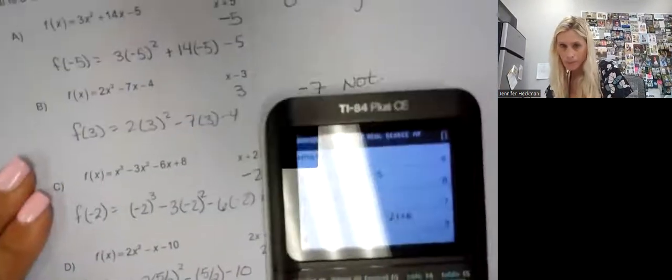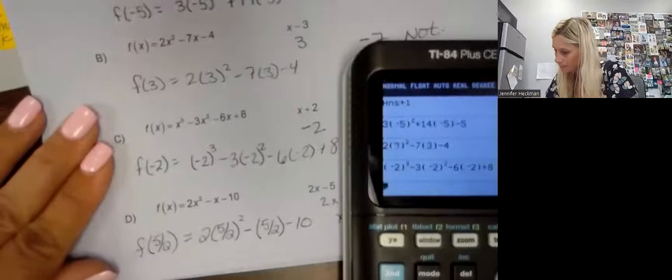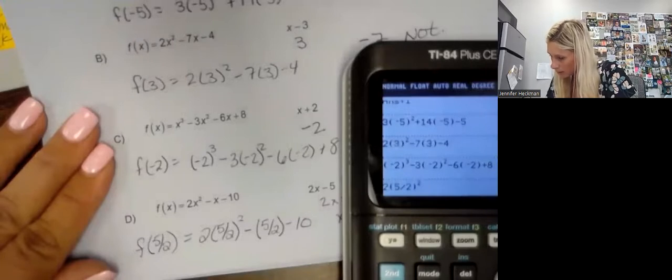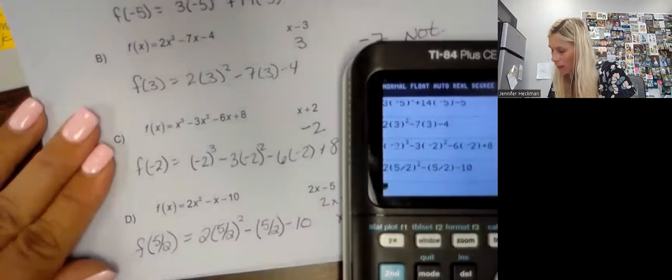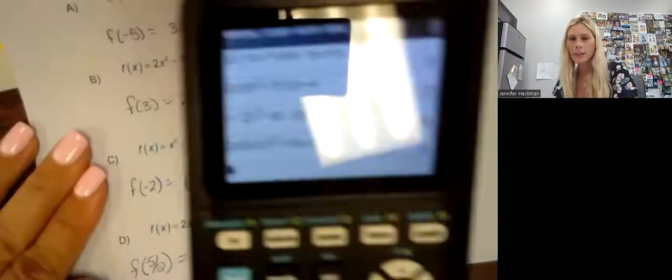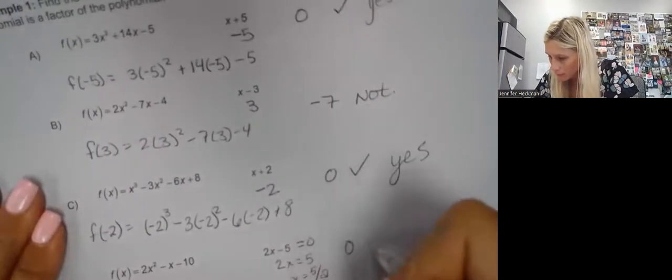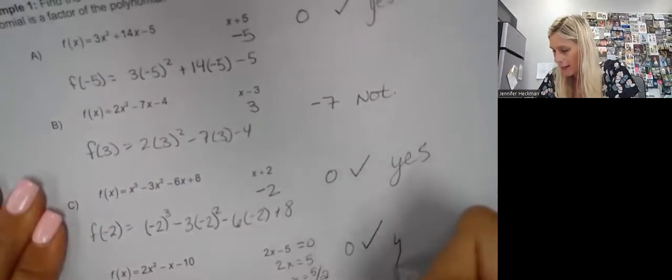So let me see if I can show you a little bit. So 2 times 5 halves squared minus 5 halves minus 10. And what do you know? The answer is 0. So yes, it is a factor.